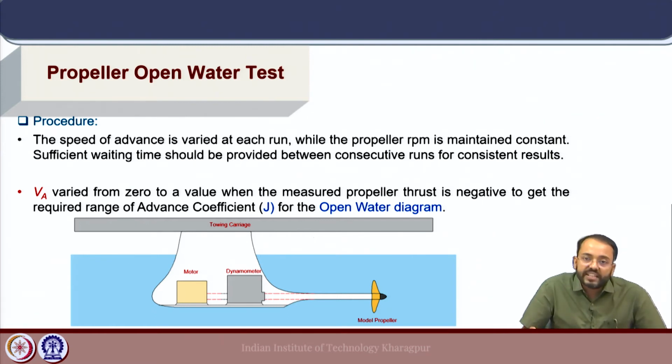In the open water tests, as a standard, the value of VA, the forward speed, is changed from 0, which corresponds to the Bollard condition, to a high value which corresponds to a negative value of thrust, so that we obtain the entire open water diagram.